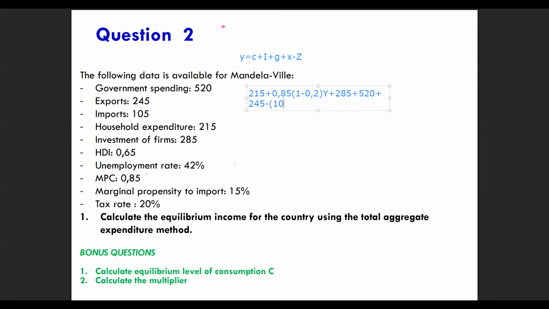We're given 105, right? So it's 105 plus your M for marginal propensity to import, which is 15.